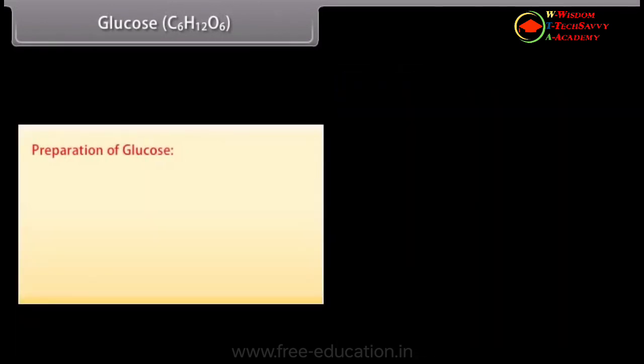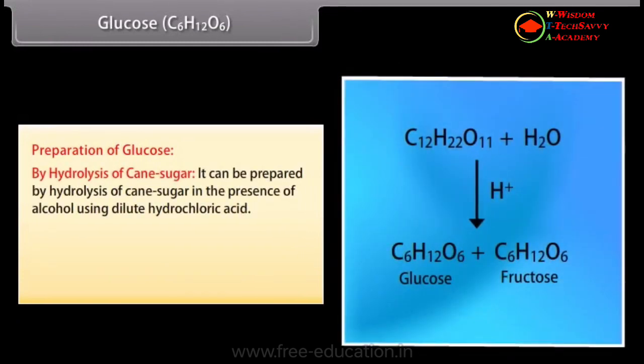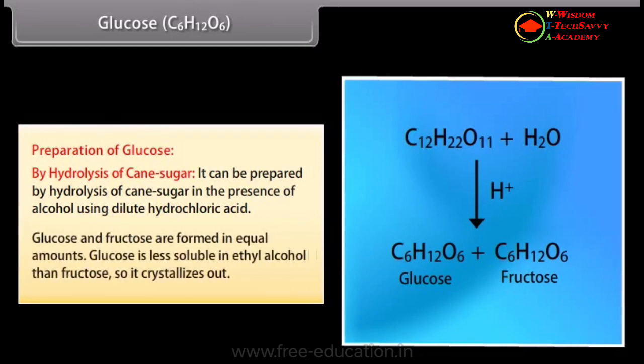The methods of preparation of glucose are following. By hydrolysis of cane sugar. It can be prepared by hydrolysis of cane sugar in the presence of alcohol using dilute hydrochloric acid. Glucose and fructose are formed in equal amounts.